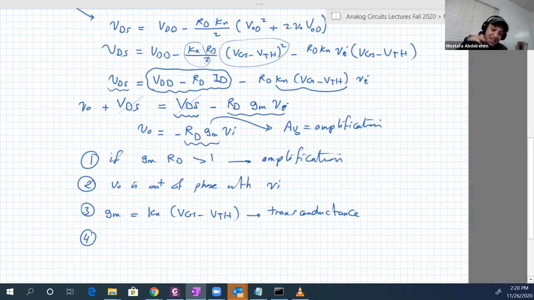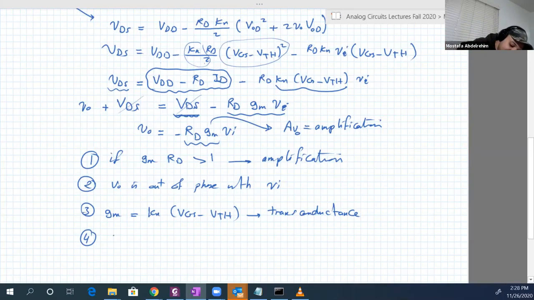And we know for sure that the DC part comes only from the DC input, the battery, capital VGS. So another assumption that we can make in this analysis is that, again like the BJT, we can solve the AC domain by itself, canceling all DC sources, and solve the DC domain by itself, canceling all AC sources.